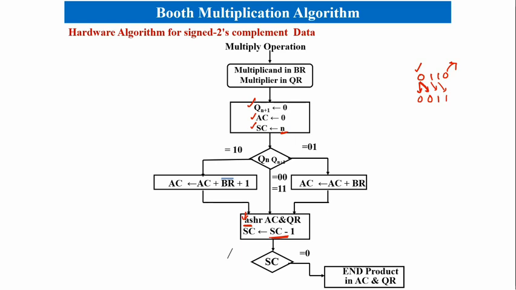That is subtraction. After subtraction, it has to shift right AC and QR, and sequence is to be decremented. If sequence is not 0, this process is to be repeated. How long is it to be repeated? Until sequence becomes 0. If sequence becomes 0, we have to stop, and the product is in both AC and QR register.